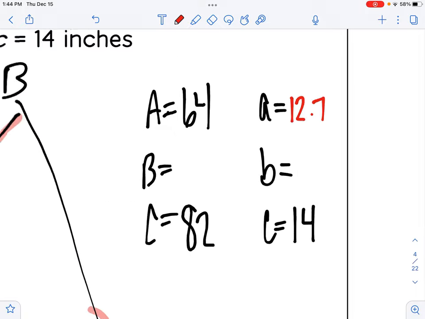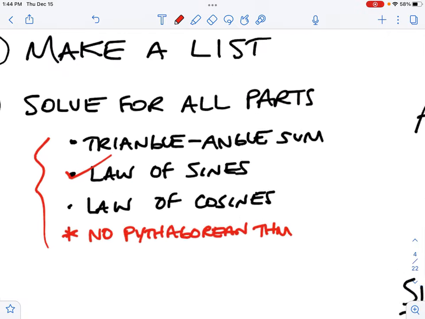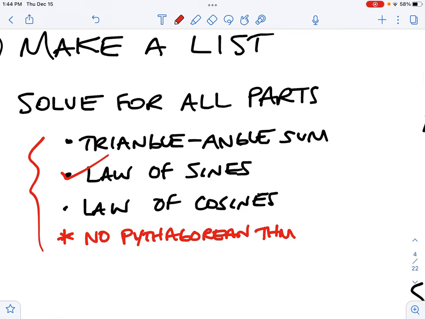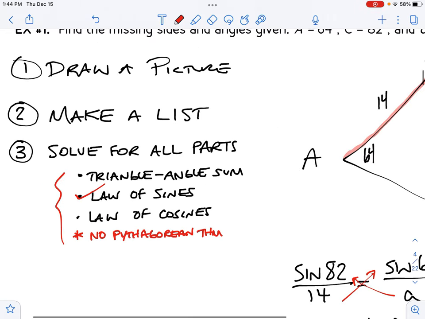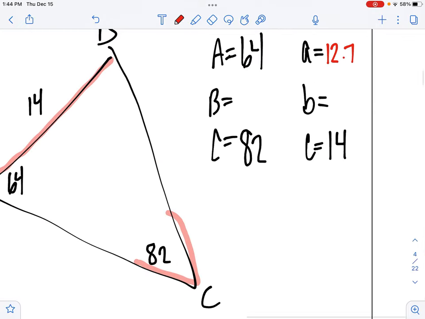Now, at this point in time, we can't find any parts about B using law of sines because we don't know the angle or the side. However, we can rely on some information from geometry, which is the triangle angle sum theorem, to find that third angle. What the triangle angle sum theorem says is that all three angles add up to be 180. So I would take 64 and add 82 to that, and that gives me 146.